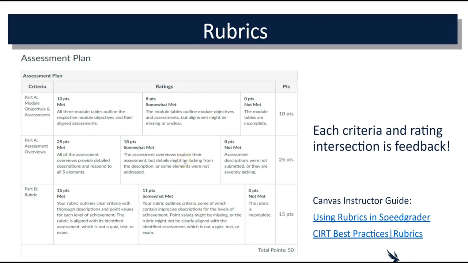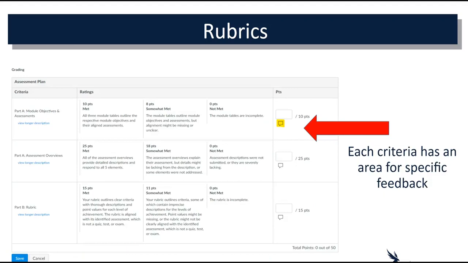So as you are grading using the rubric in SpeedGrader, let's say you're picking somewhat met on Part A, Assessment Overviews, this explains why that is somewhat met and not met or not met. Now, if you're wanting to give extra feedback, we have that there as well. When you open up the SpeedGrader, you're going to see this little message bubble. When you open that up, this will expand so you can provide specific feedback on that particular criteria.